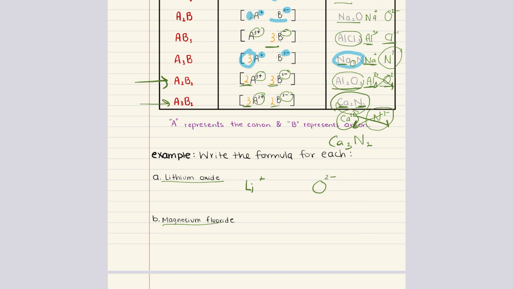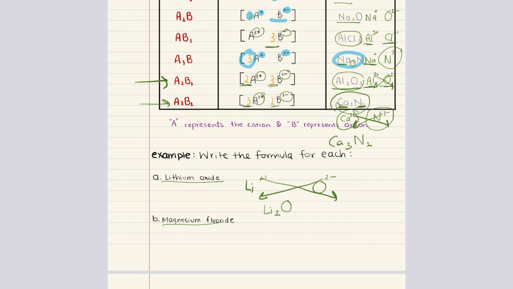To balance the charge, we're going to need 2 lithium ions for every 1 oxide ion. And the way you can figure this out is you can just swap the charges here. So Li2O1. When there's a 1, you don't explicitly write it. So the formula for lithium oxide is Li2O.